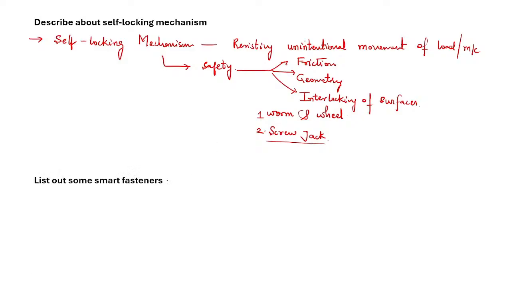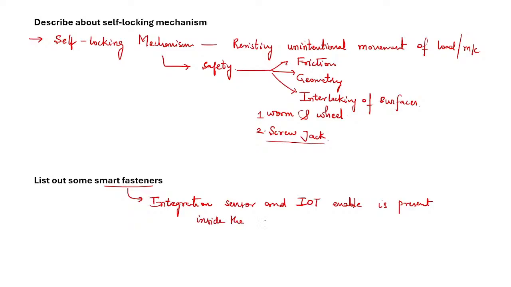Smart fasteners are those kind of fasteners in which the integration of sensors and IoT, that is Internet of Things, enabled, is present or embedded inside the fastener.